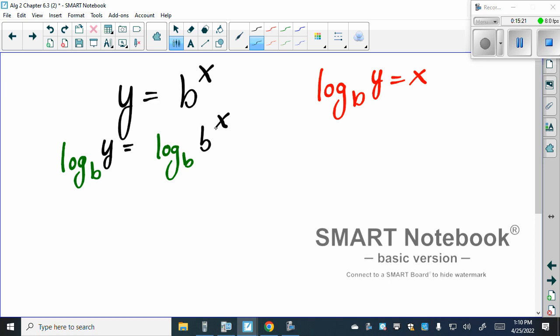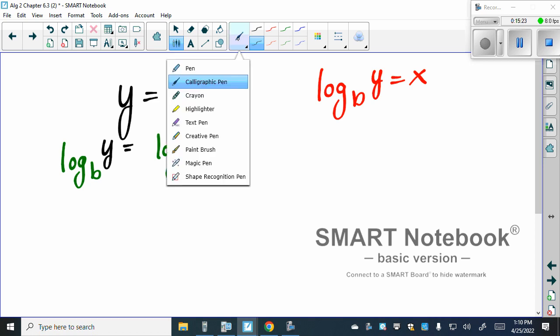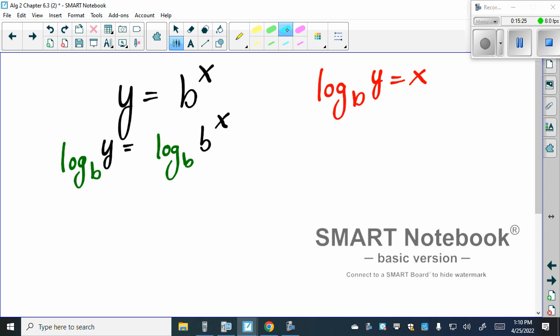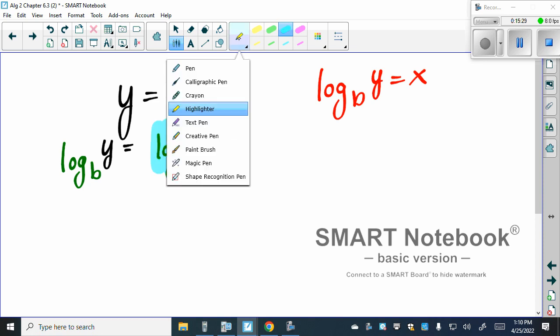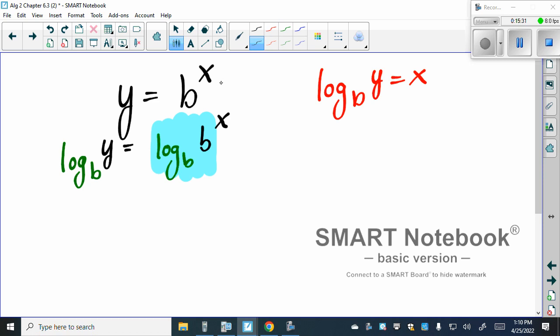Today, we went over what this is. If I simplified log base b of b to the x, what do we get? This here would be x, but we can't simplify log base b of y.